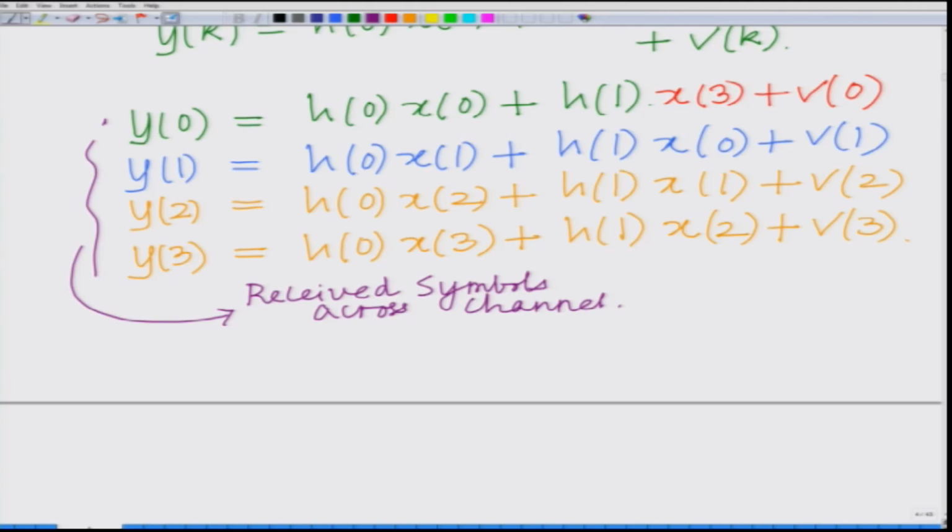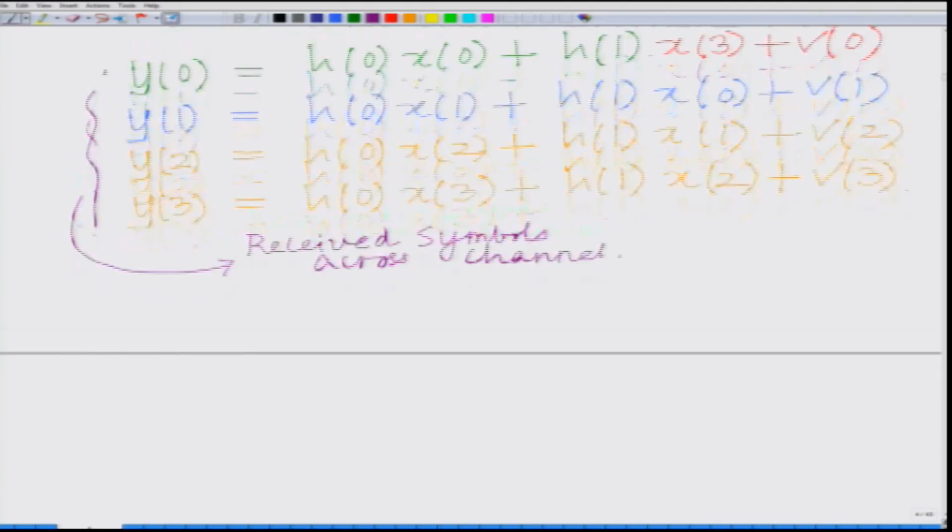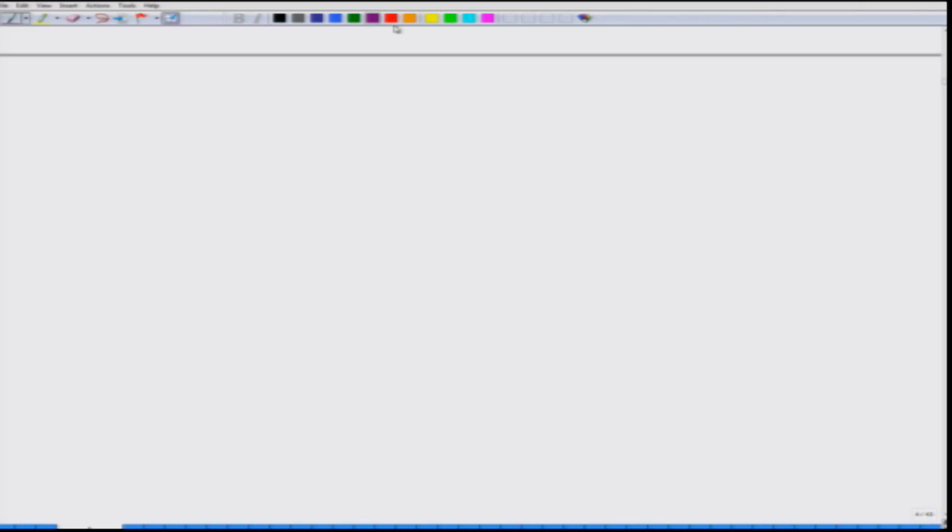Now, let us observe an important property of the received symbols small y0, small y1, small y2, small y3. What I am going to do is illustrate with a figure, because it is best illustrated pictorially.